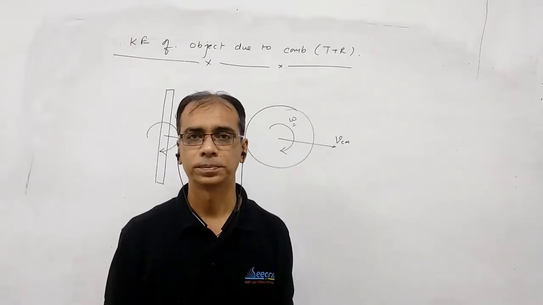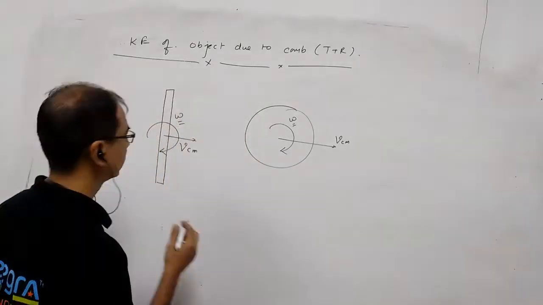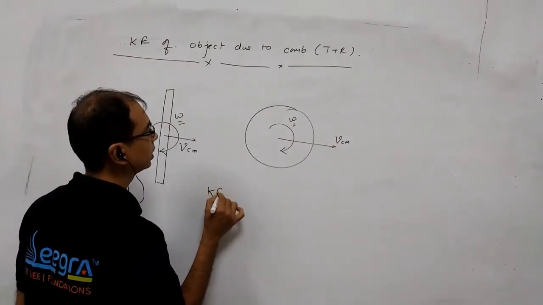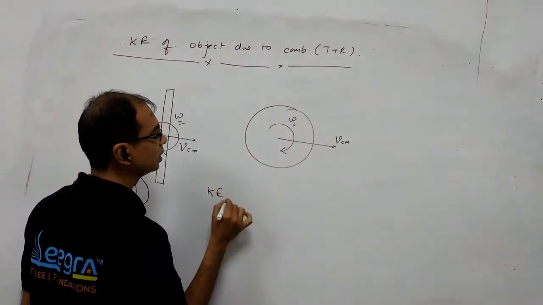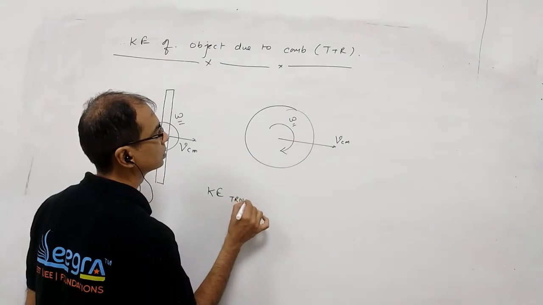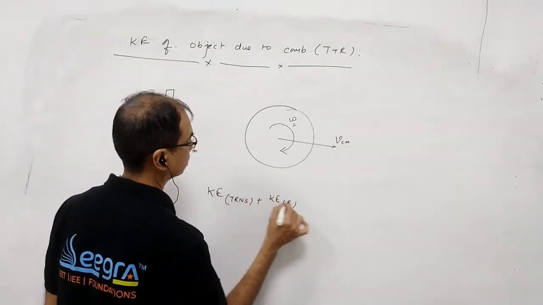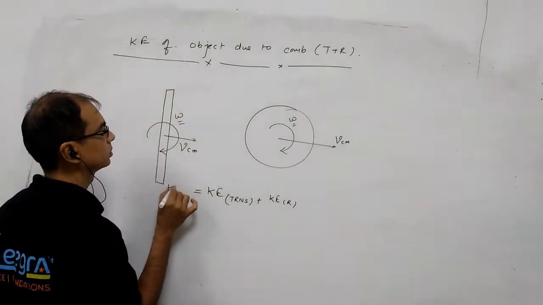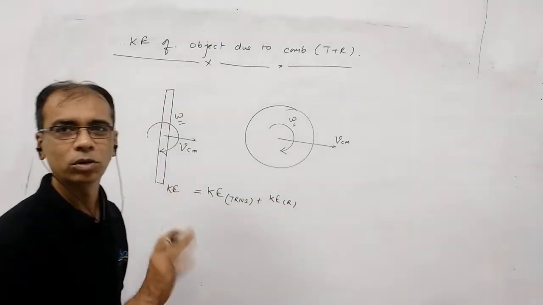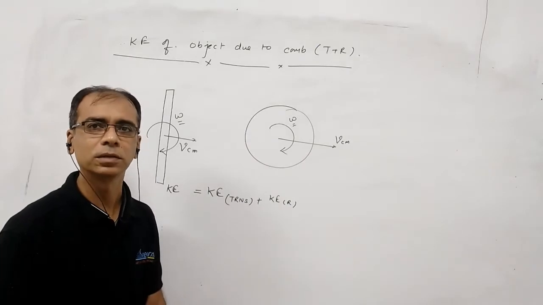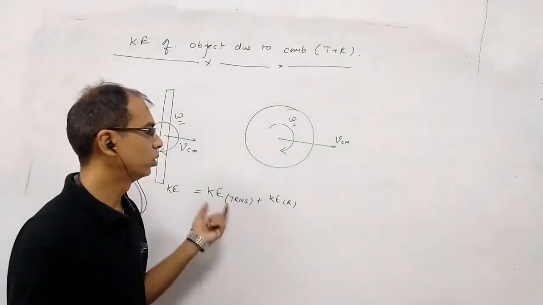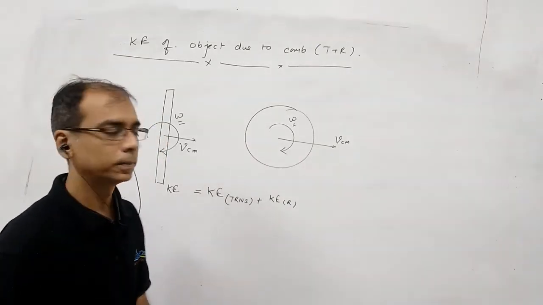So how to write it? We'll say that it is basically kinetic energy of linear motion, that is translation, plus kinetic energy of rotation. Here also a derivation is there, but I am not going into that derivation. That's unnecessary basically, because we know what it is.